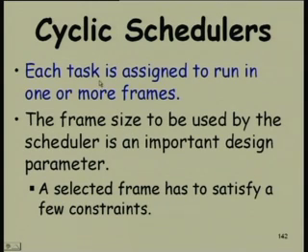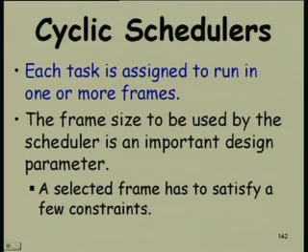Now, each task can run in one or more frames, it cannot use a fraction of a frame and give another fraction to some other task. It will assign one complete frame or more than one frame to a task.